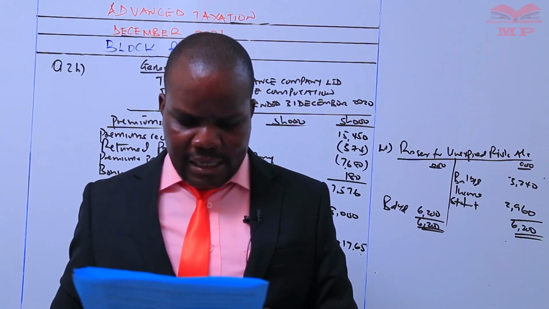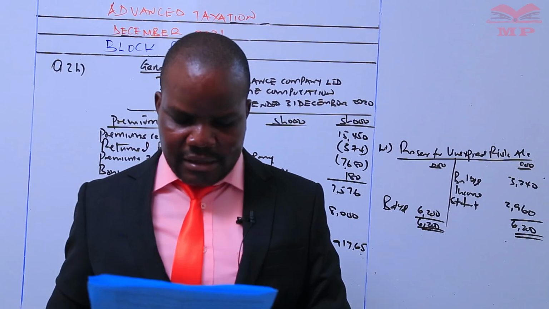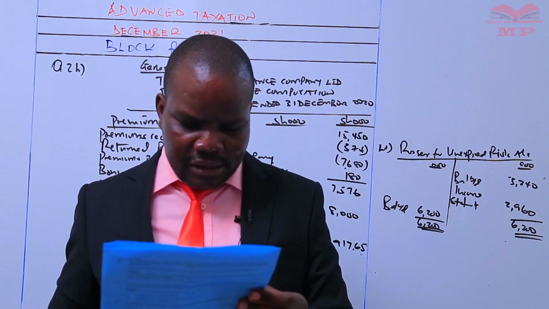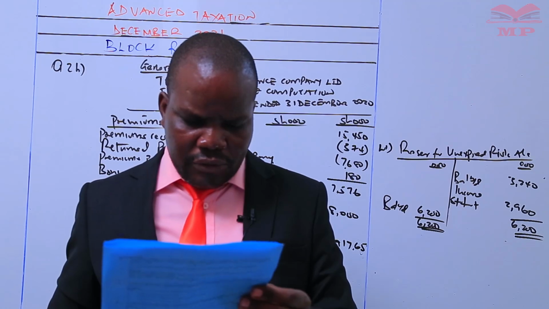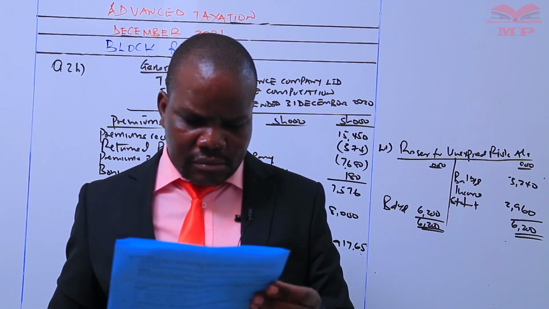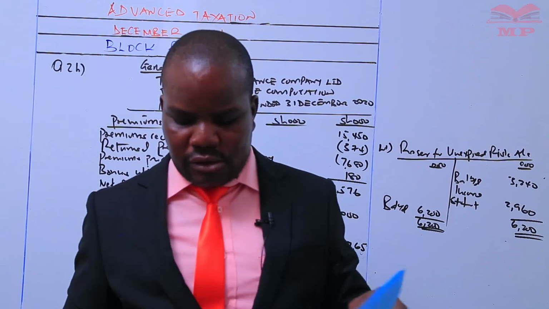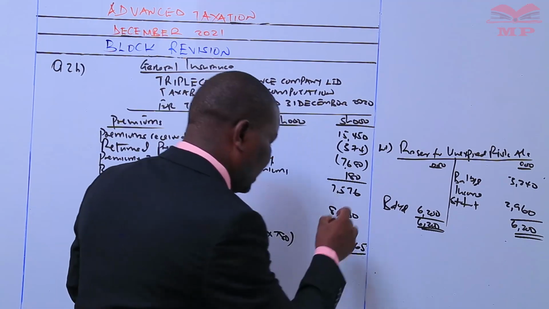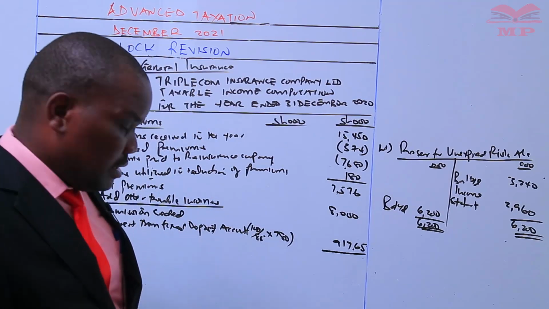We look for any other taxable income under general insurance, and from the list provided, we do not have any other taxable incomes. So we get total income. That is net premiums plus other taxable incomes. Let's do that together.